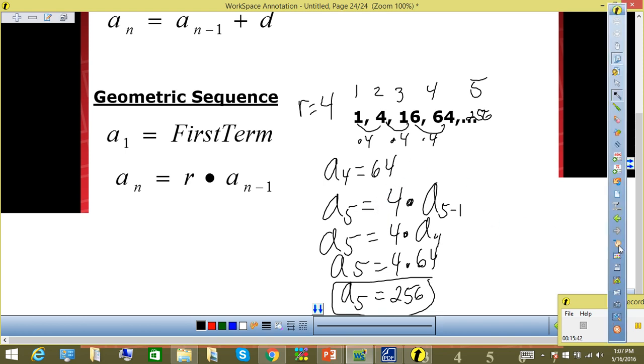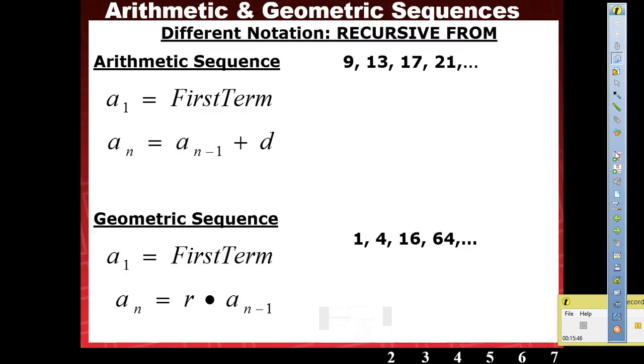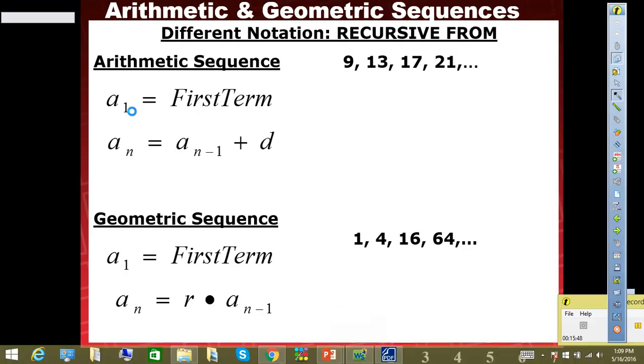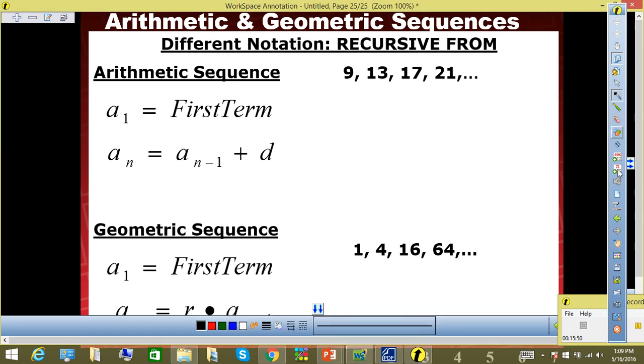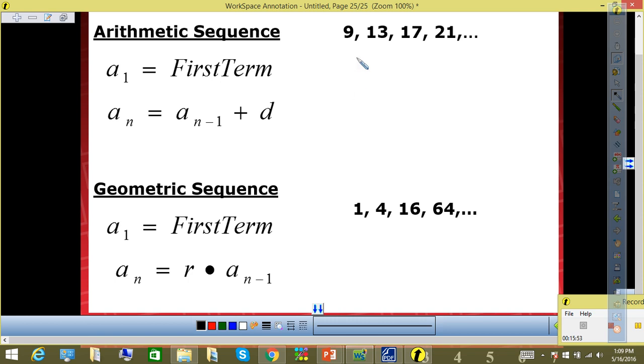So let me show you how it's going to be written in the homework. Look up. Instead of writing the first term like this, it's going to show like this. Everybody see that?